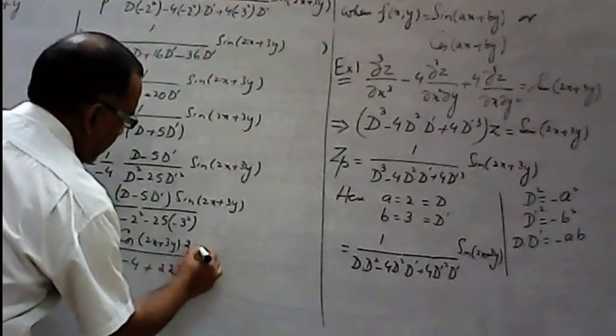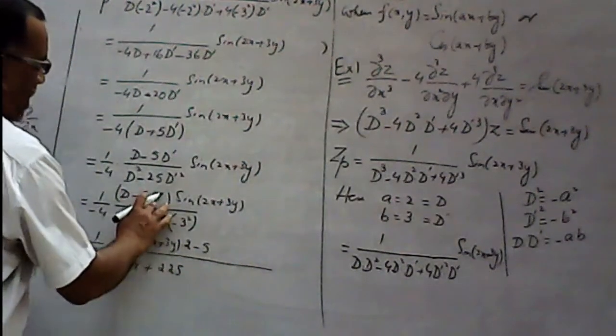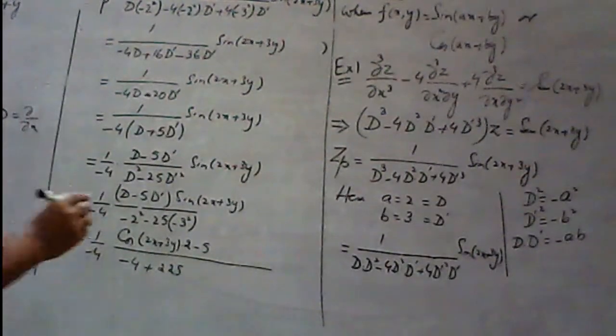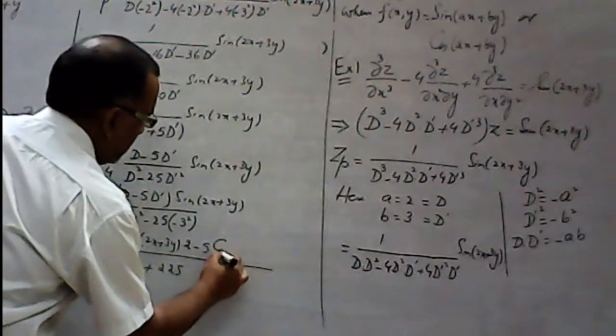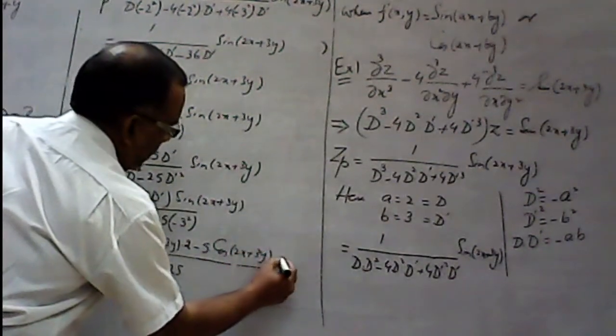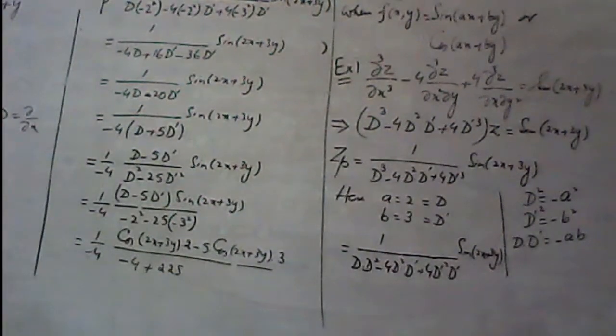Then minus 5, and D dash means derivative with respect to y. So again cos(2x plus 3y), and now it is 3 because the derivative of the angle with respect to y will be 3.